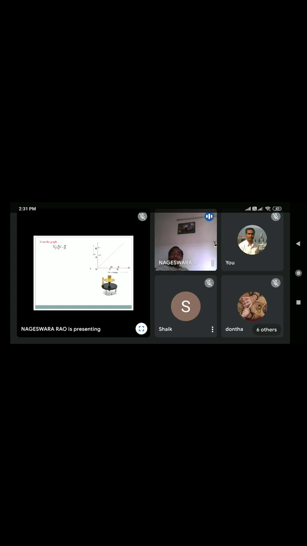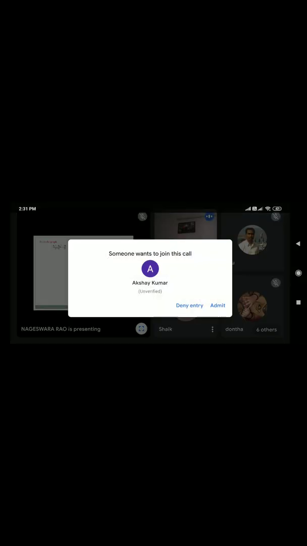Why is it passing through the center of the coordinate system? Because already we discussed that, we know the formula, d square is equal to 4 n lambda r.